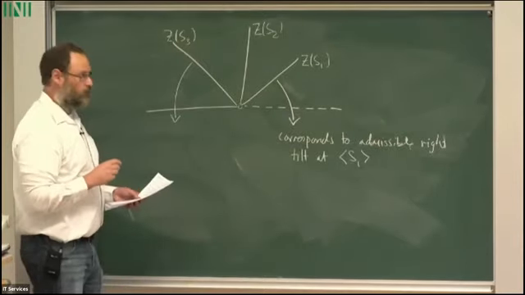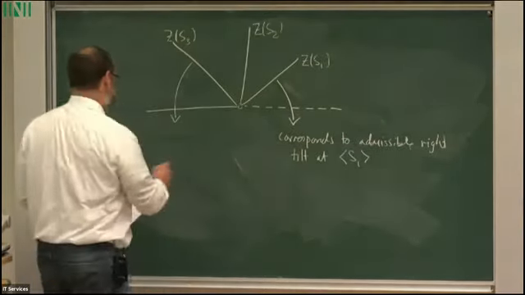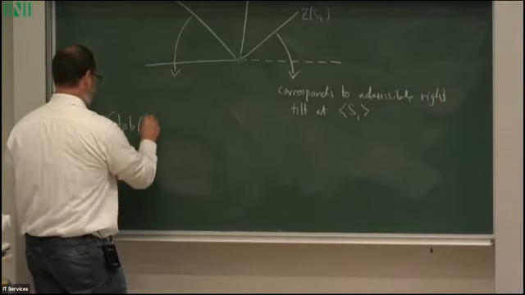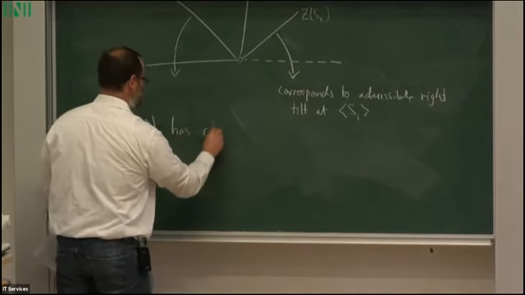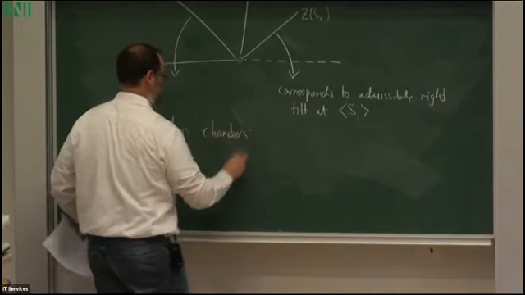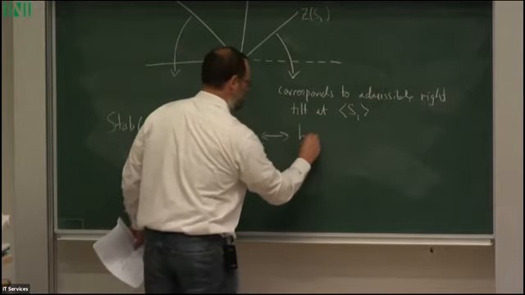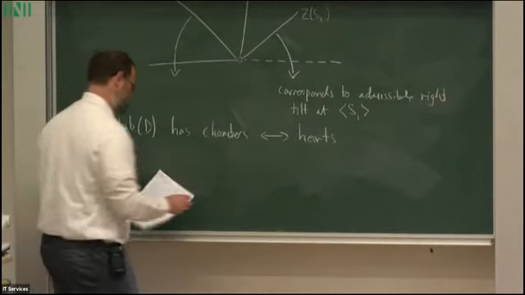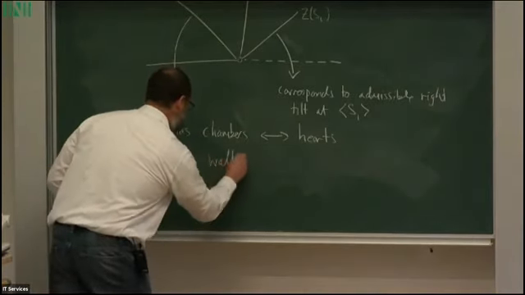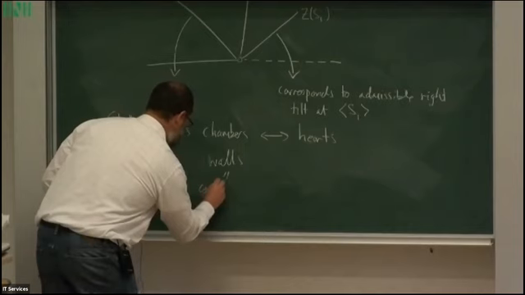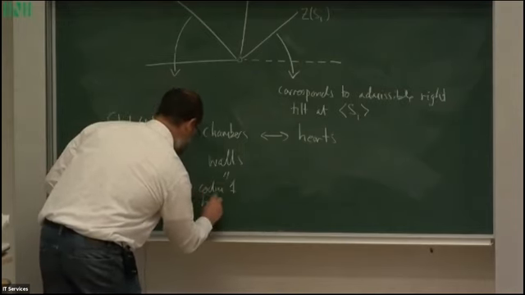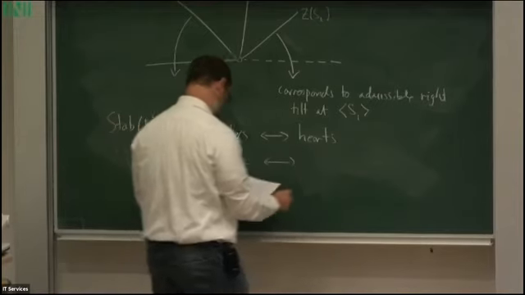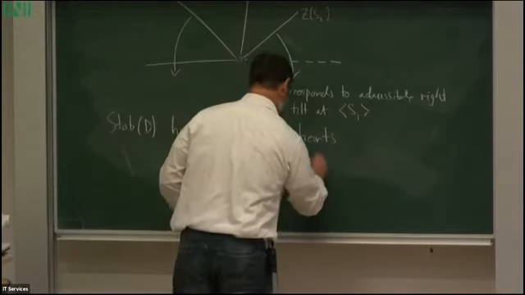So the point is that Stab D has chambers corresponding to hearts. Roughly, I'm looking at an algebraic class here, and walls, codimension 1 boundaries, corresponding to simple tilts or irreducible tilts.